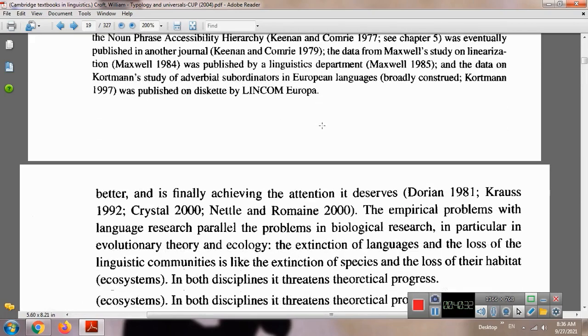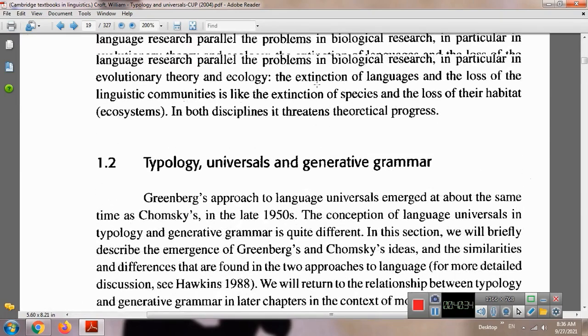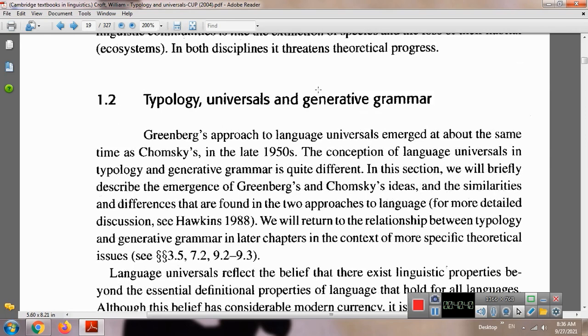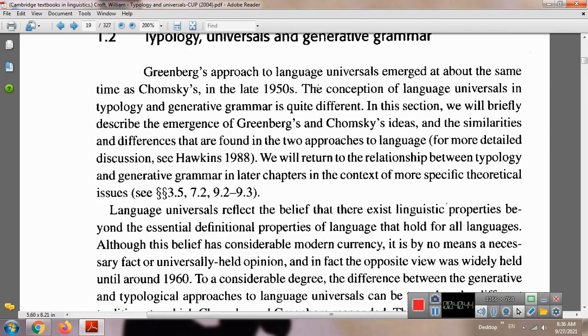And then we gave some information about these terms: typology, universal and generative grammar. Here we told you that the concept of universal is different in Greenberg's and Chomsky's viewpoints, because both of them use this term to react to different matters.